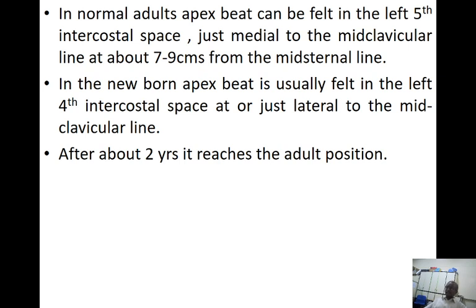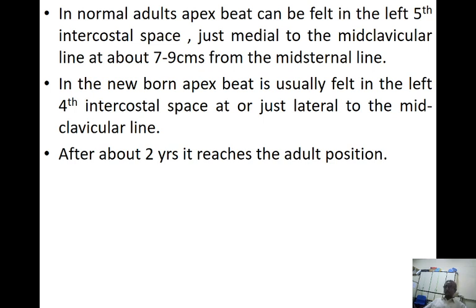In normal adults, the apex beat can be felt in the left fifth intercostal space, just medial to the midclavicular line, at about 7 to 9 centimeters from the mid-sternal line. In the newborn, apex beat is usually felt in the left fourth intercostal space at or just lateral to the midclavicular line.